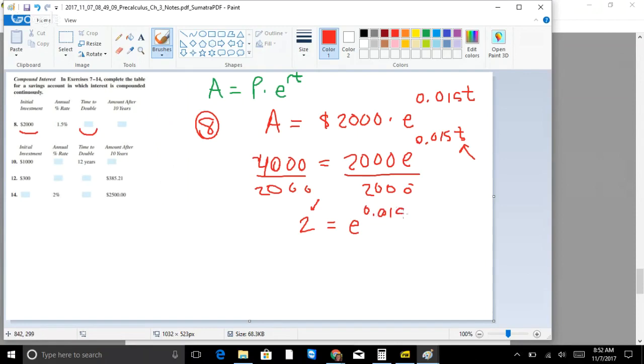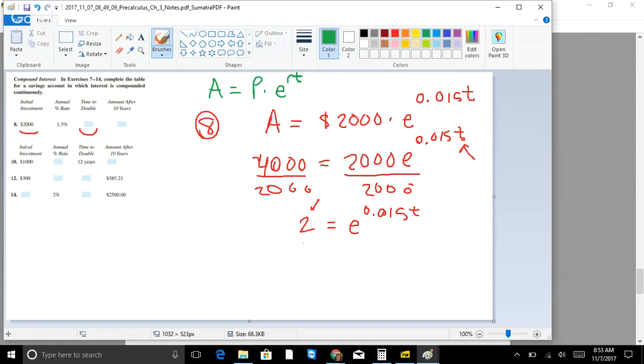0.015t power. Okay, so now we have a more simple exponential equation, and we're going to use our skills. We have 3 strategies to figure out how to solve these. We can't really make this one-to-one because I don't know how I'm going to make 2 and e the same base. So we're going to use the strategy where we change the exponential equation by taking the logarithm of both sides.